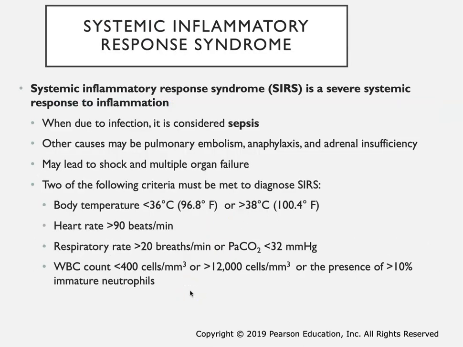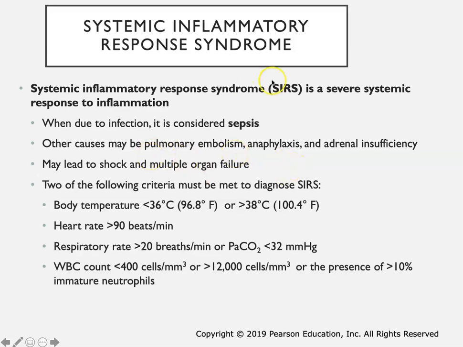Okay, there is something called systemic inflammatory response syndrome, or SIRS, okay? Basically it's a severe systemic response to inflammation. When it's due to some sort of infection, we call it sepsis, okay? Super dangerous.